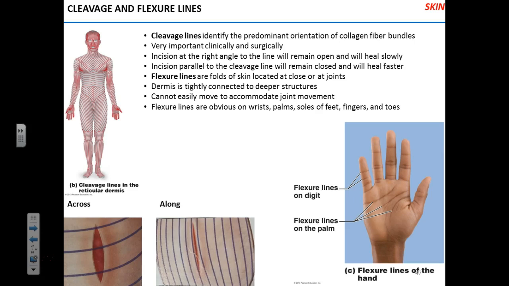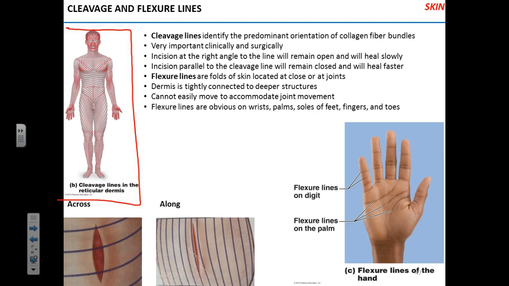Okay. Cleavage lines. That's really a clinically important feature. You can see on this gentleman here the direction of the cleavage lines. Essentially, it's the direction of the collagen fibers that is predominant at the particular body site.